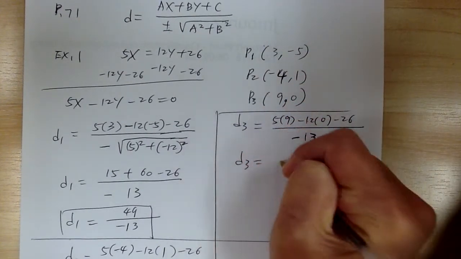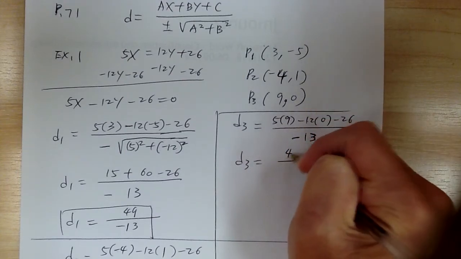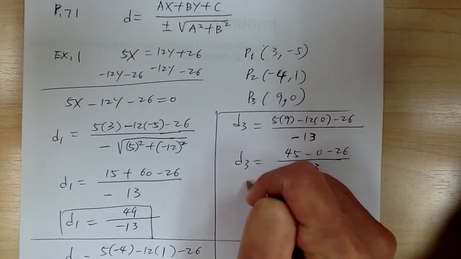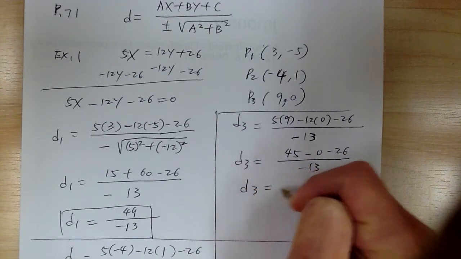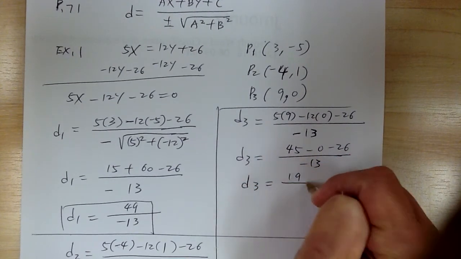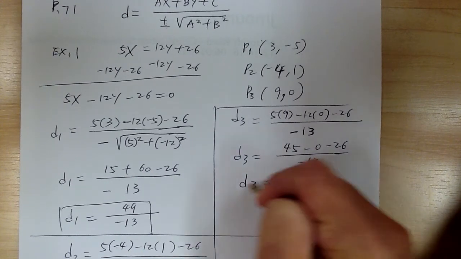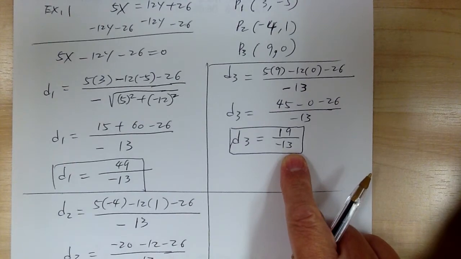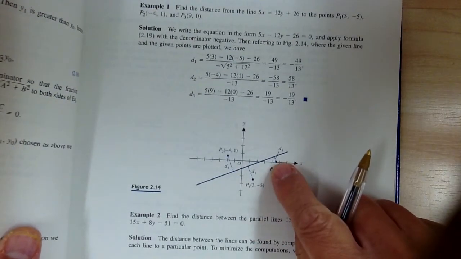So D3 equal to 45 minus 0 minus 26 over negative 13, so D3 equal to 19 over negative 13. Again, negative distance means the point is below the line. If you look over here, you can see D3 is below the line.